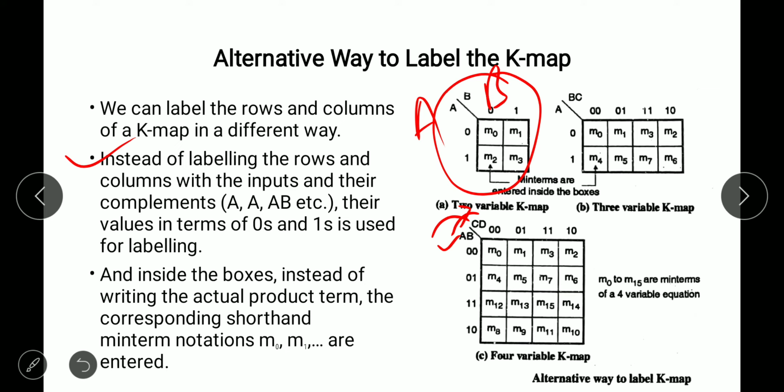So we can write m0 m1 m2 m3, like that. Here m0 m1 m3 m2, then m4 m5 m7 m6. Instead of writing the actual product term, such as a plus b bar, we write m0 m1 or capital M2, like that.